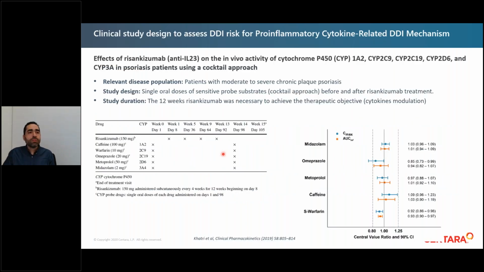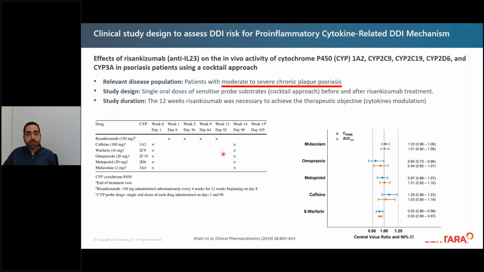In this slide, you have a typical design of a DDI study involving pro-inflammatory cytokines. This study was conducted for risankizumab, an anti-IL-23 approved for the treatment of plaque psoriasis. In this study, they enrolled the relevant disease population, moderate to severe chronic plaque psoriasis patients. In terms of the design, they used single oral doses of sensitive probe substrates using a cocktail approach.